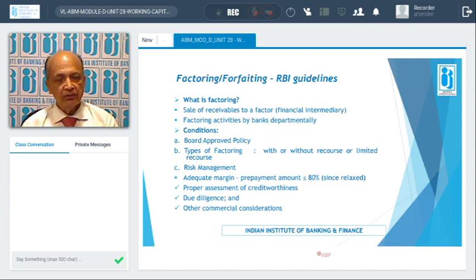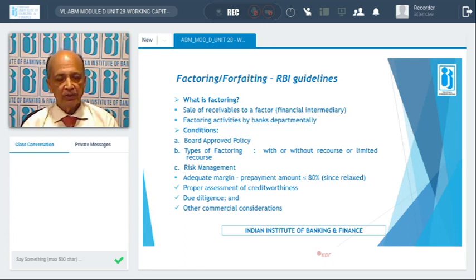That is known as factoring. But what is its peculiarity? The legal point is that by selling this to the factor, the title to the goods representing the receivables passes to the factor.